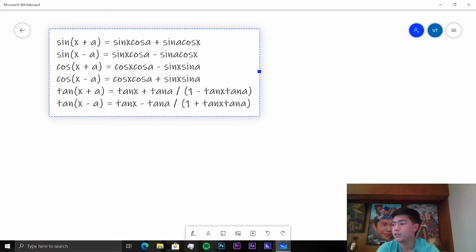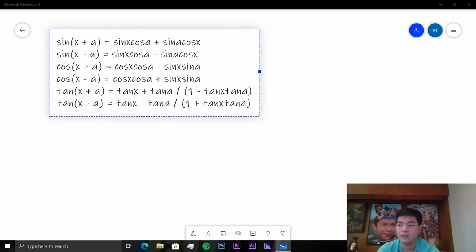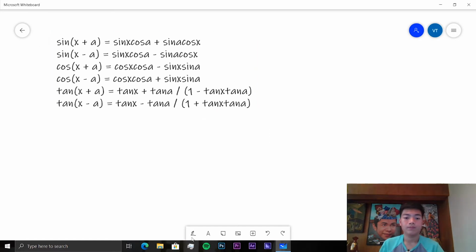Those are the compound angle identities. That's all correct. So let us look at some questions now regarding all of this.